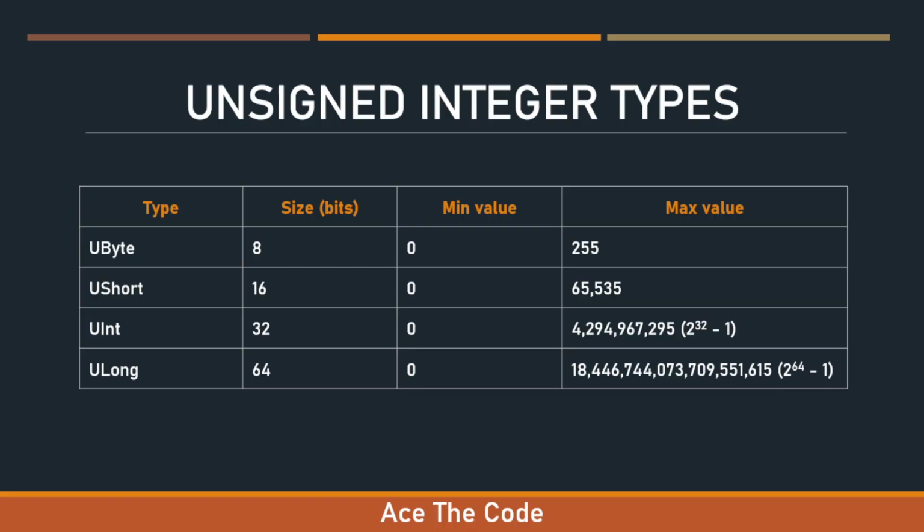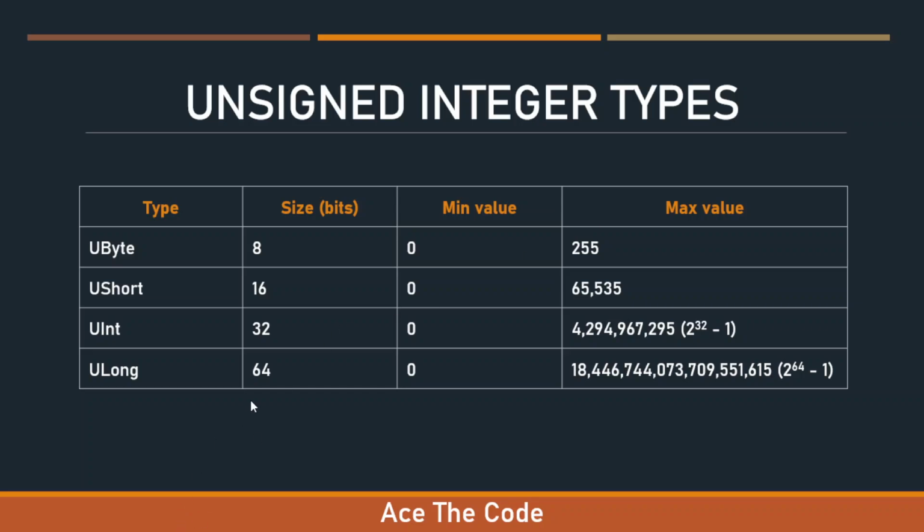So apart from byte, short, int, and long data types, Kotlin also supports unsigned integer types. It means that we can declare a variable in which we will store only numbers greater than or equal to 0. No negative numbers will be stored.